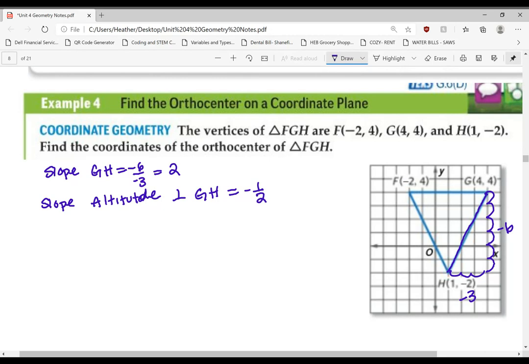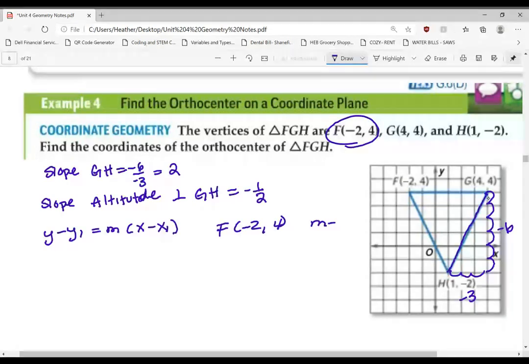If we were to find that line, we would have to use the point-slope formula: y minus y1 is equal to m times x minus x1. We're using the point -4, 2, which is F, and the perpendicular slope to plug into this formula.